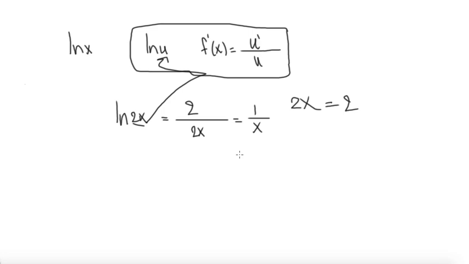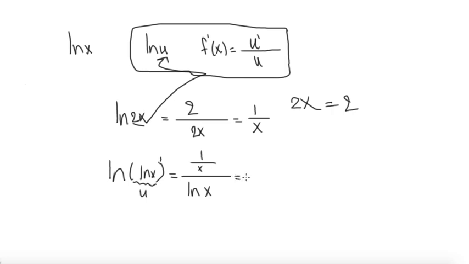Another example is this: ln of ln x. We need to keep this, so it will be 1 over ln x, and we know that this is u, and we know that the derivative of ln x is 1 over x.